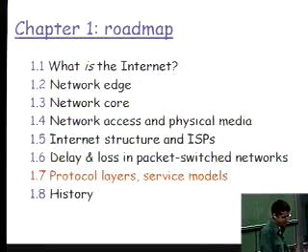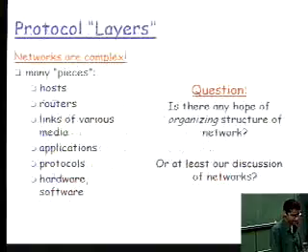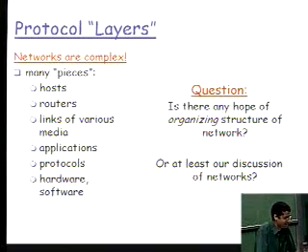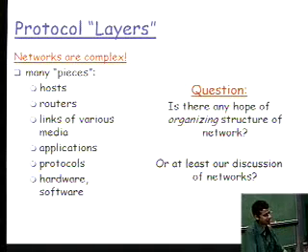So packet loss and packet delays we have done. So now we finally talk a little bit about the layering of the network architecture. As we've seen in the example so far, networks are complex entities.